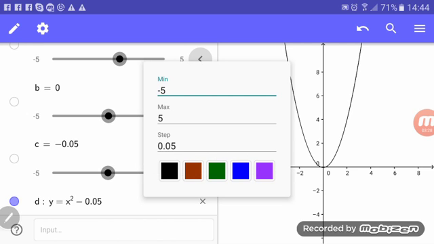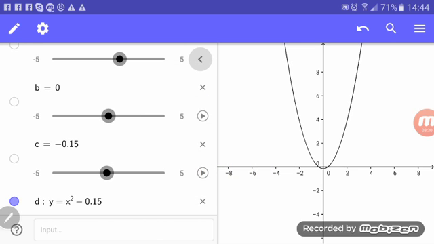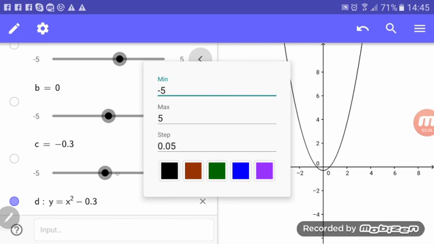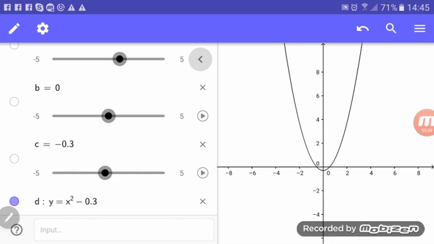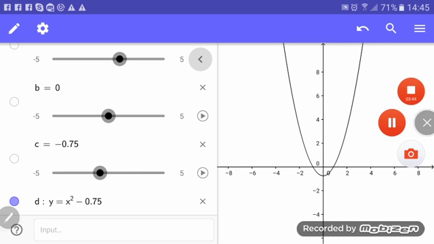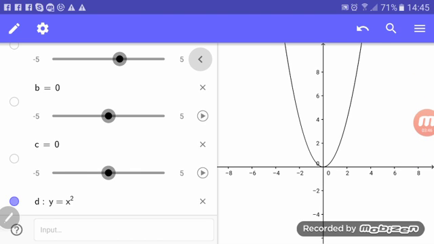Sorry for this. Okay, so now we've got our basic parabola back again. Here's our equation. Here is our basic parabola.